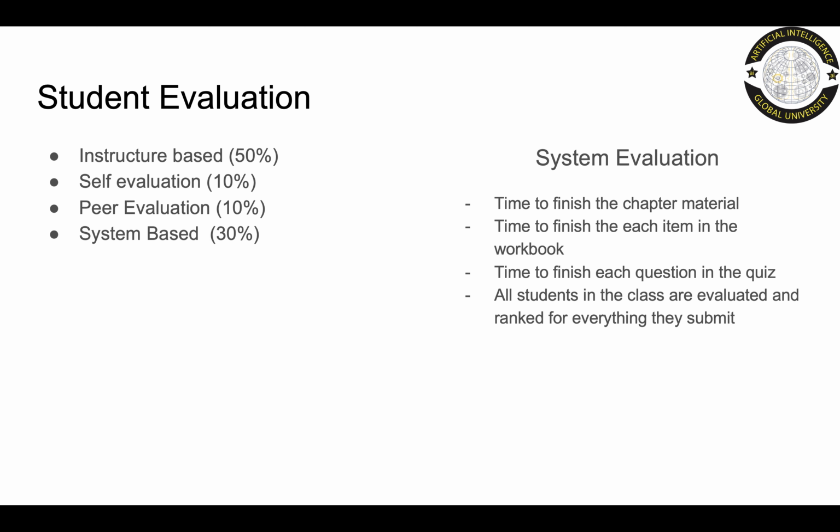The system has different metrics to evaluate: time to finish the content, time to finish the workbook, time to finish the quiz, and how quickly the student works on the study material. There is a median time for a content to be completed, and whether the student completes the content early or late, all of these are considered.